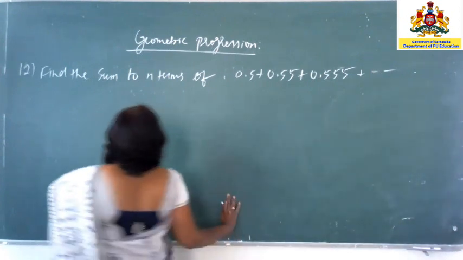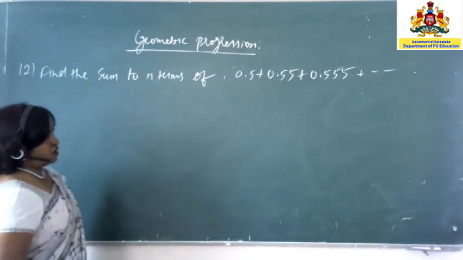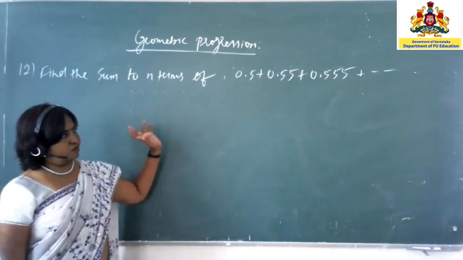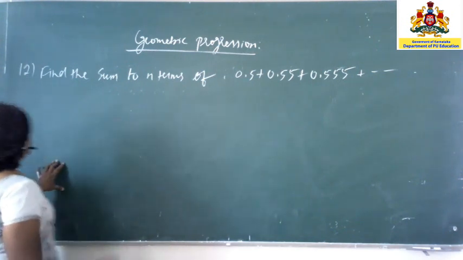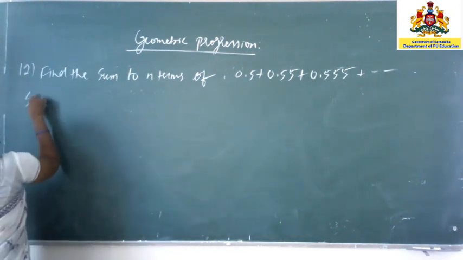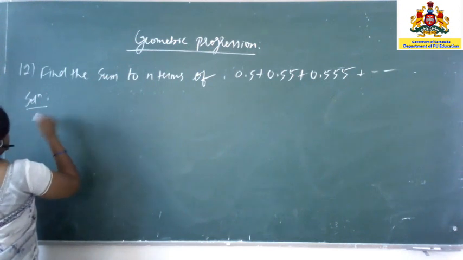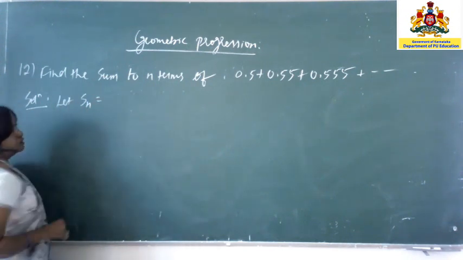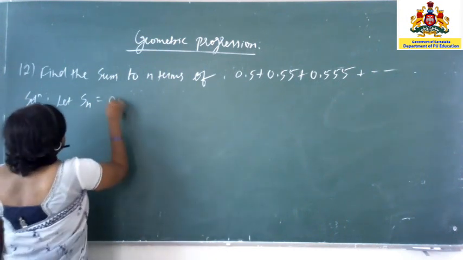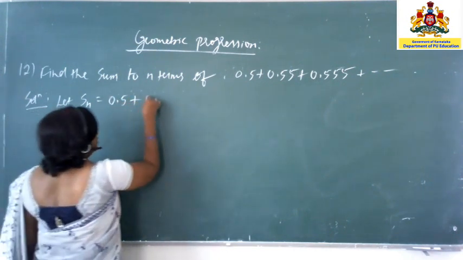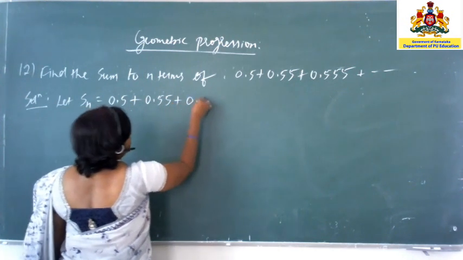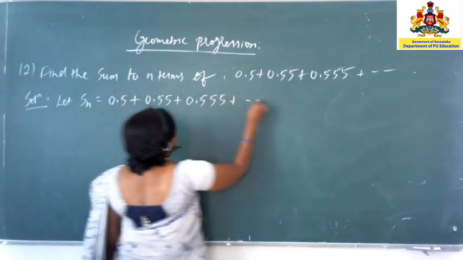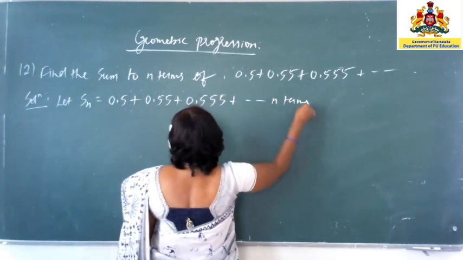Next sum, find the sum to n terms of 0.5 plus 0.55 plus 0.555 continuous. So here, same way, let Sn is equal to 0.5 plus 0.55 plus 0.555 plus so on up to n terms.